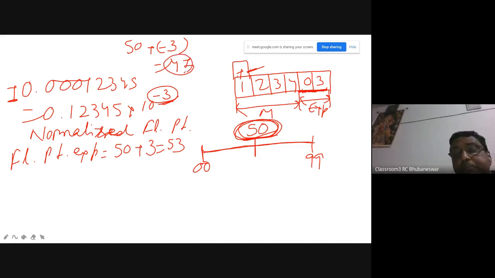That means 50 corresponds to 10 to the power 0. Any exponent value greater than 50 is a positive exponent. Less than 50 is a negative exponent. Understand? So what value will be stored here? This will be 53, which we call the floating point exponent.